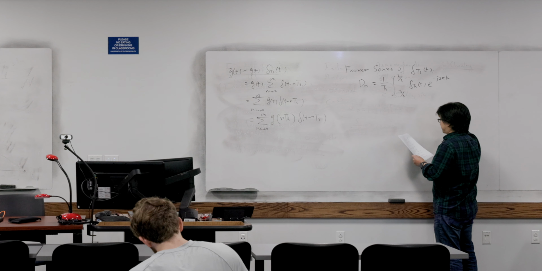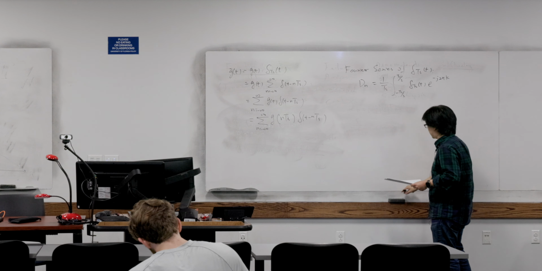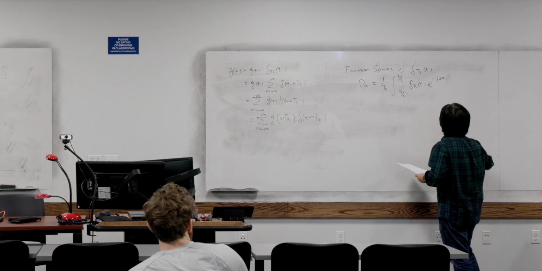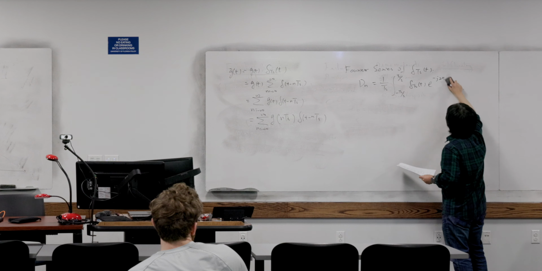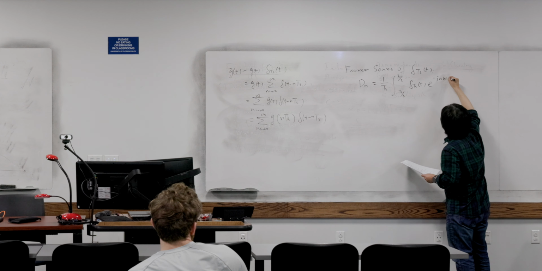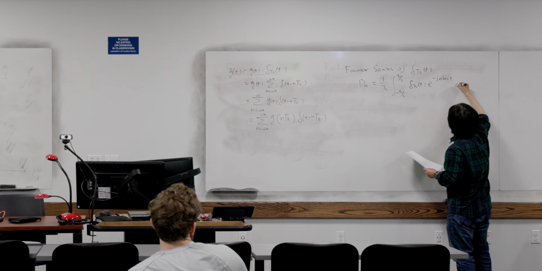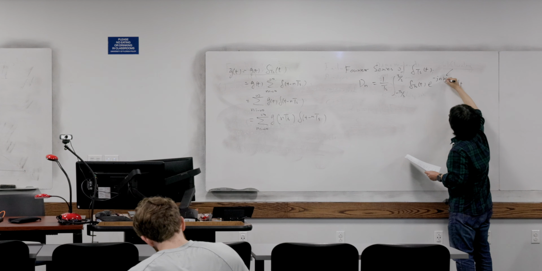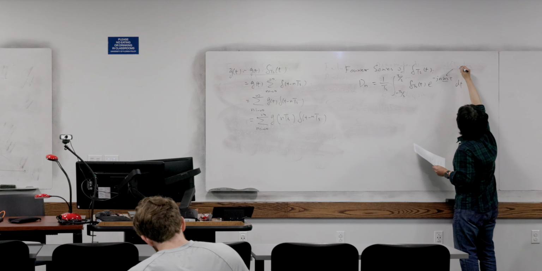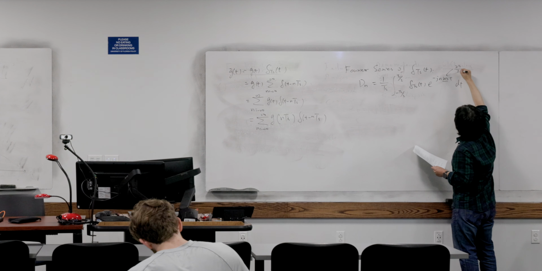We write e to the minus j 2 pi n, or maybe I use omega, omega s t dt, where omega s is the sampling rate in radians, that is 2 pi over Ts.